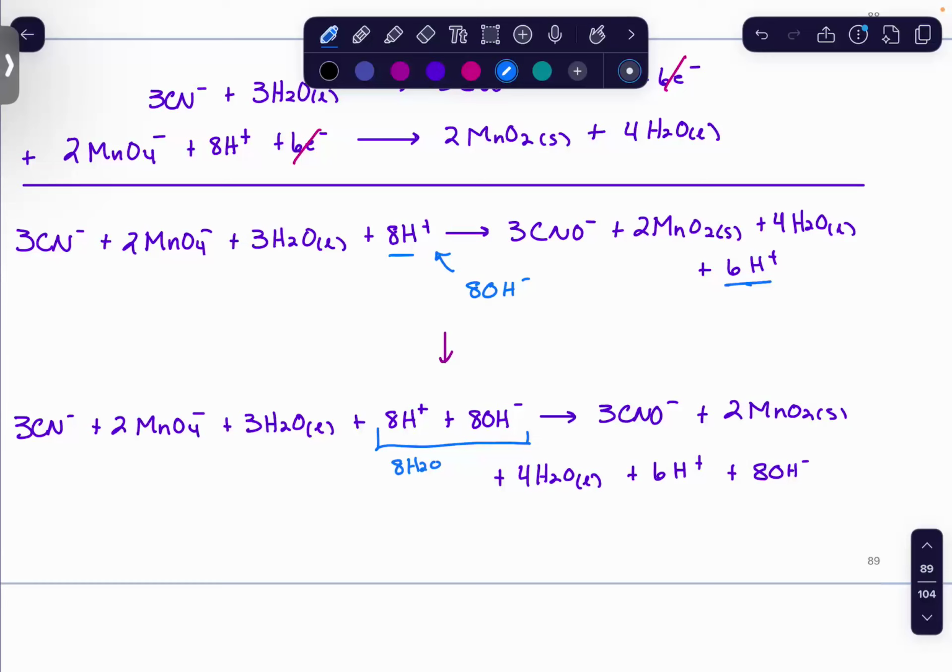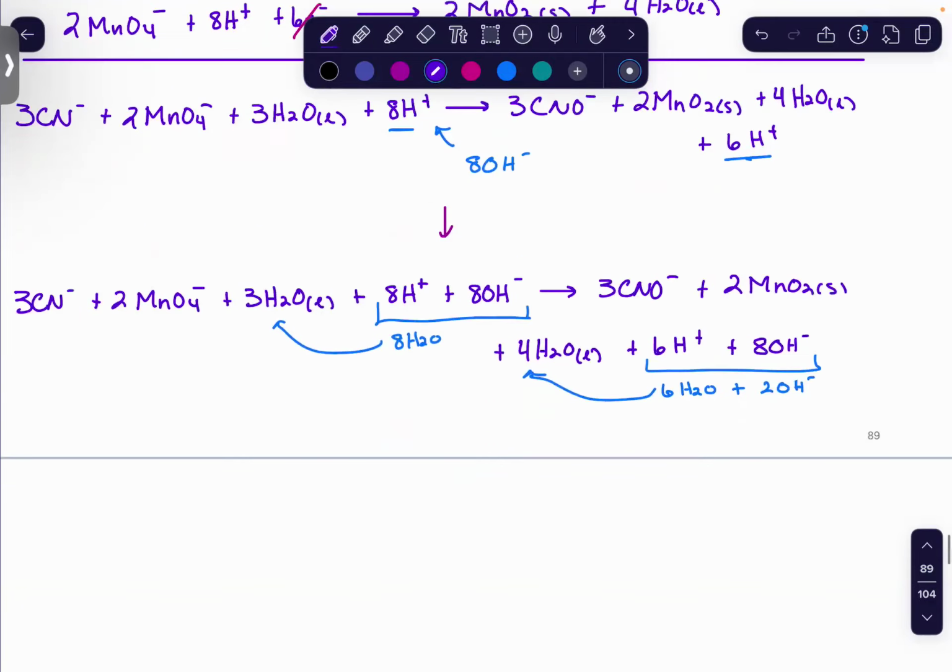And so when I add 8 to 3, that'll give me 11 waters. On the right, I have 6 protons, 8 hydroxides. This will give me 6 waters plus 2 leftover hydroxides. Okay, and so then this 6 added to that 4 will be 10. So now we're going to do that.